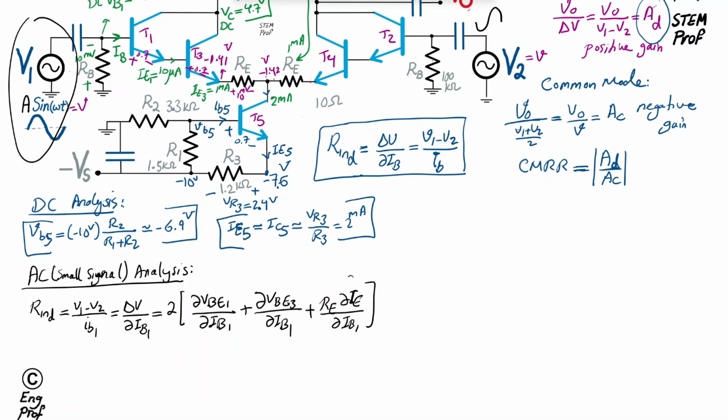Okay, this guy is obviously beta squared, because from this base we have to multiply IB to get to the emitter here, and another multiplication to get to the emitter here. So 2 times multiply beta, which is beta square. So this is beta square, obviously.